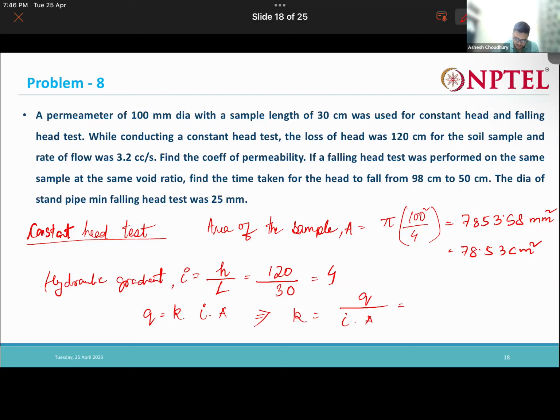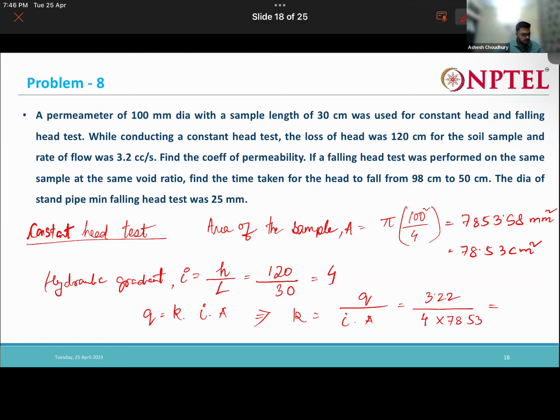How much is the Q? It is 3.22. Capital Q is the volume and the small q is the flow. What is I? Area is 78.5.